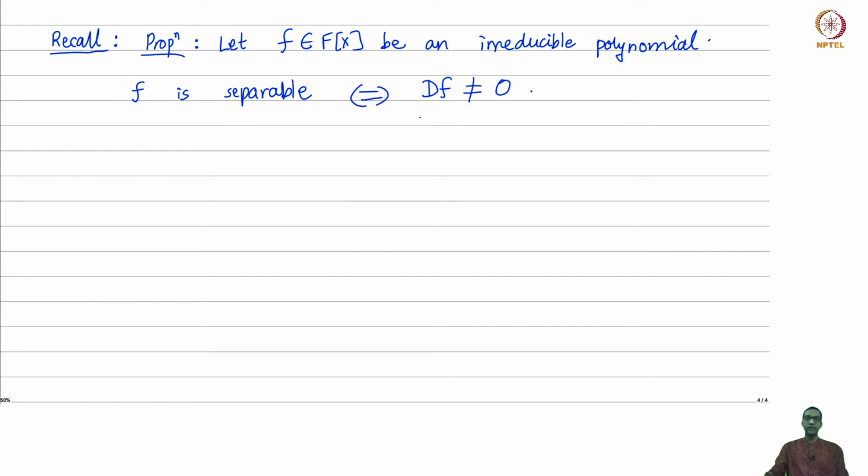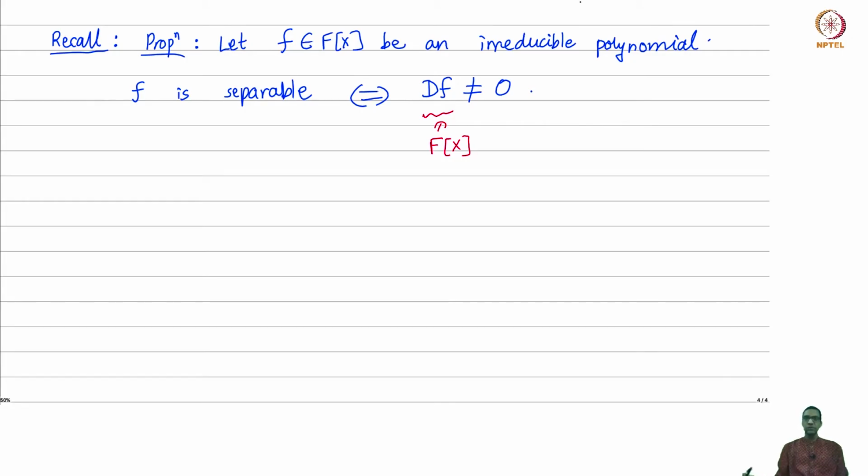Recall the derivative df is again a polynomial in F[x]. So what we are saying is that this polynomial df is not the 0 polynomial. So that is equivalent to separability, non-vanishing of the derivative. And recall this was proved by using the previous criterion, that separability is the same as f and df not having a common factor, but df is of strictly smaller degree than f, and so they can't really have a common factor.